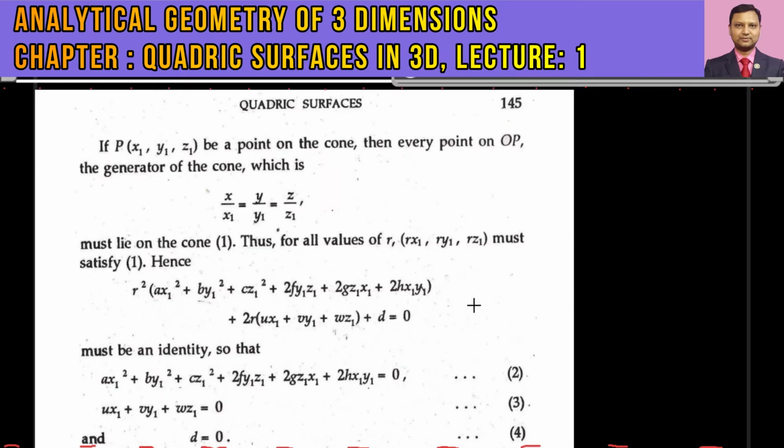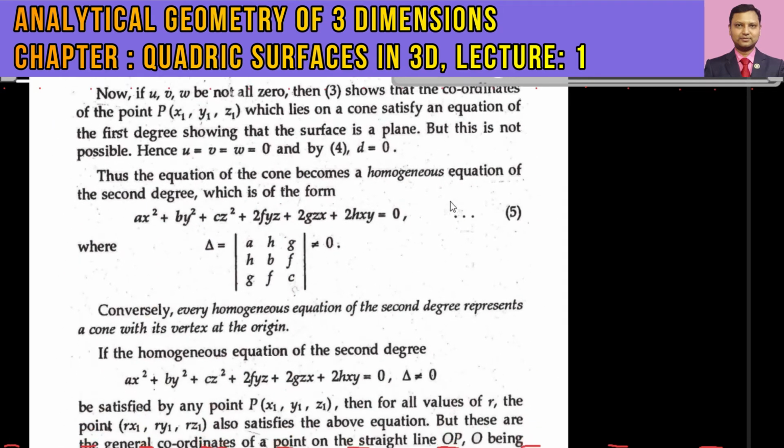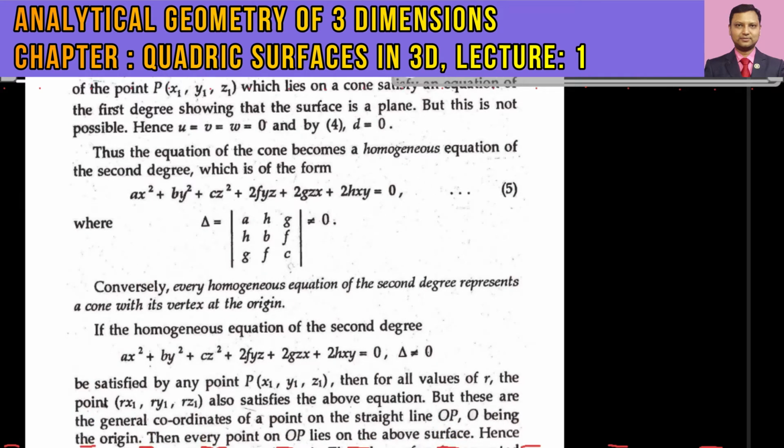So if delta is not equal to 0, in that case we can say that this kind of general equation of second degree will represent a cone. All right, and the converse result is also true.